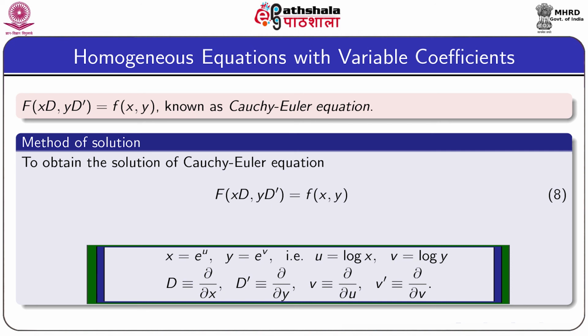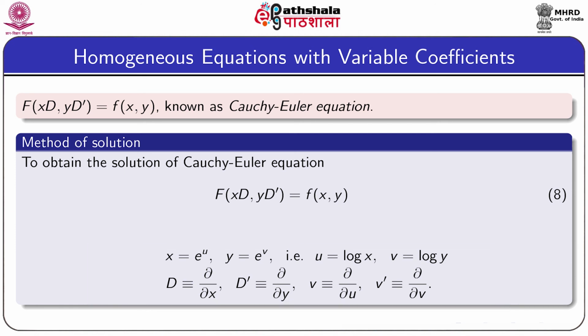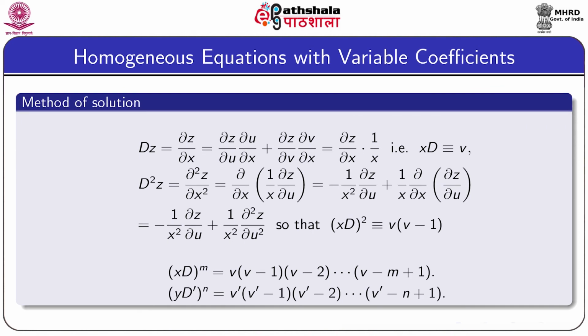So, if we write down the given equation in terms of the variables u and v instead of x and y, the equation will become a differential equation with constant coefficients, and we know how to find the solution of an equation with constant coefficients. So, using those concepts, one can solve the Cauchy-Euler equation using this transformation.